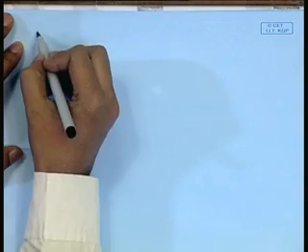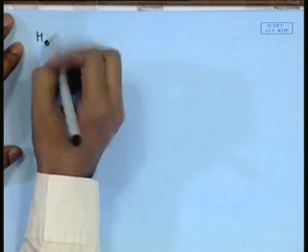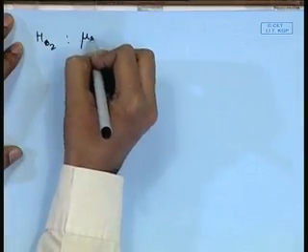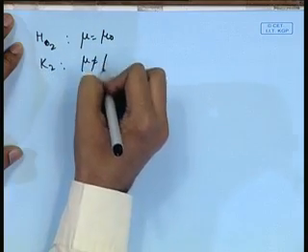In a similar way, we can consider the case of the two-sided hypothesis, that is H, say we use the notation H2, mu is equal to mu naught against say K2, mu is not equal to mu naught.